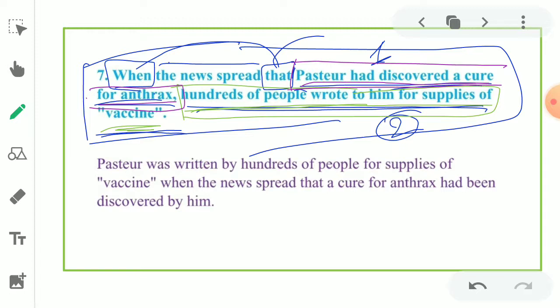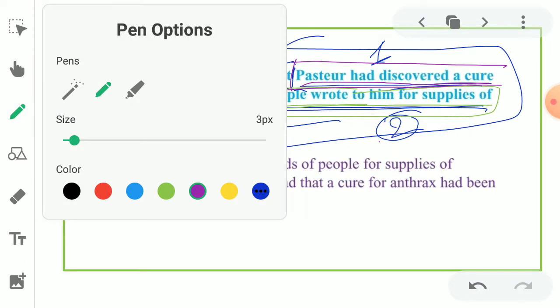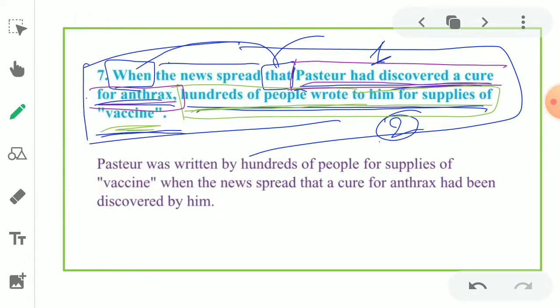So let me take the second sentence. Hundreds of people wrote to him for supplies of vaccine. Let me take him as object, wrote as verb, hundreds of people as subject.